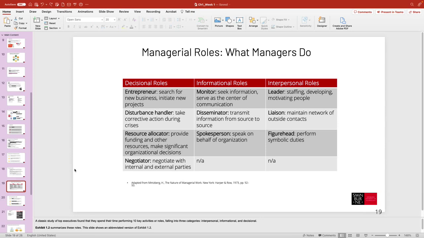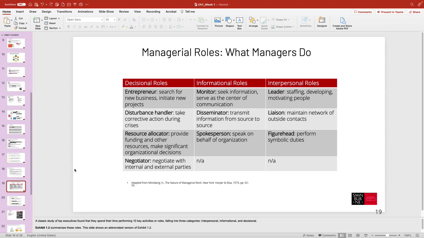They also have to make decisions around how to correct things, as we looked at in the controlling section, as a disturbance handler: how to manage crises and how to correct certain actions. As a resource allocator, they make significant decisions around how to allocate resources. Sometimes you have to negotiate with your stakeholders and make decisions as well. So managers have to play a decisional role.